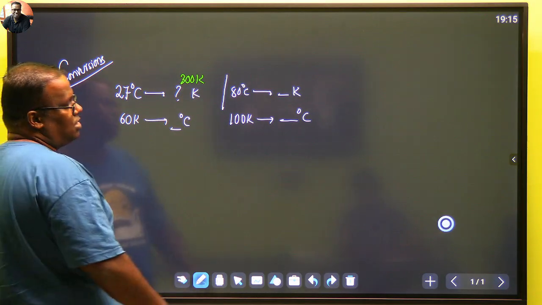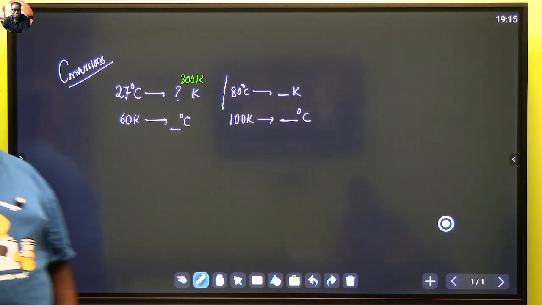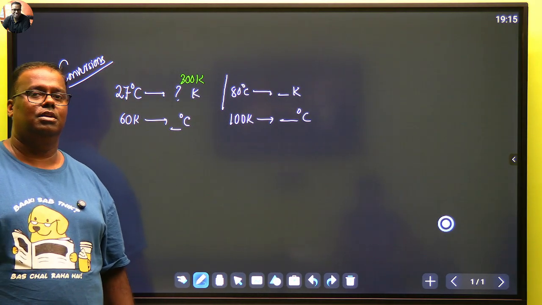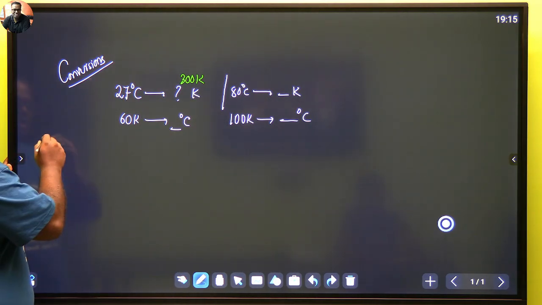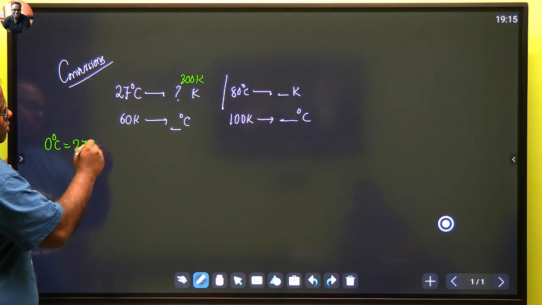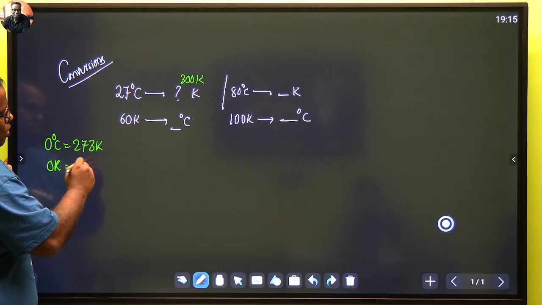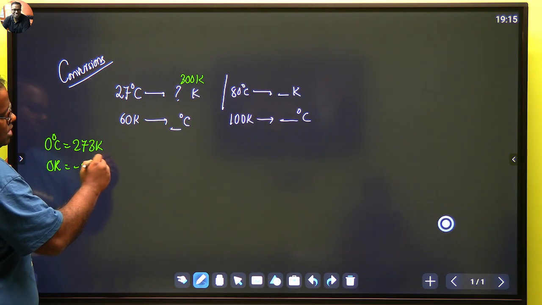60 Kelvin means, if you need the conversion once again, 0 degrees Celsius is 273 Kelvin, and 0 Kelvin is equal to minus 273 degrees Celsius.